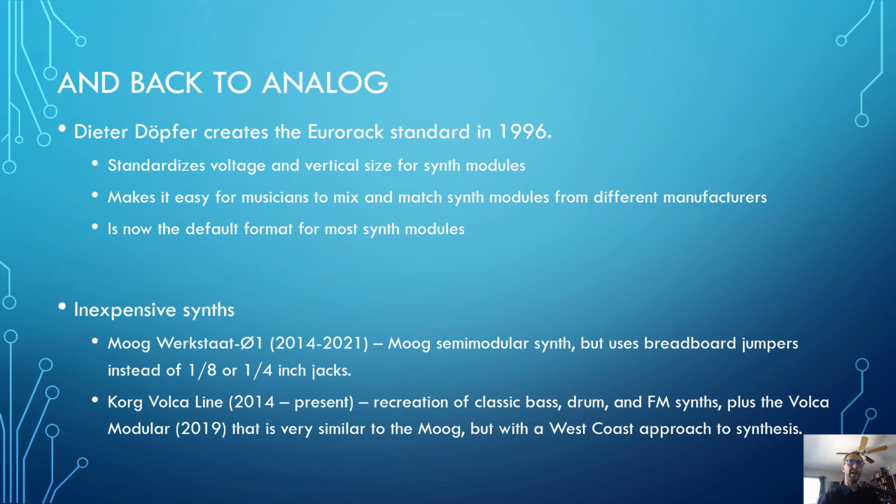We also had inexpensive synths starting in the 2000s and really taking off in 2014 with Moog's Werkstatt-01, which is a semi-modular Moog synth where if you don't plug in any cables, it'll still produce sound. But it had breadboard-style jumpers, so you could jump different points and reroute the voltage on it and create even more different sounds.